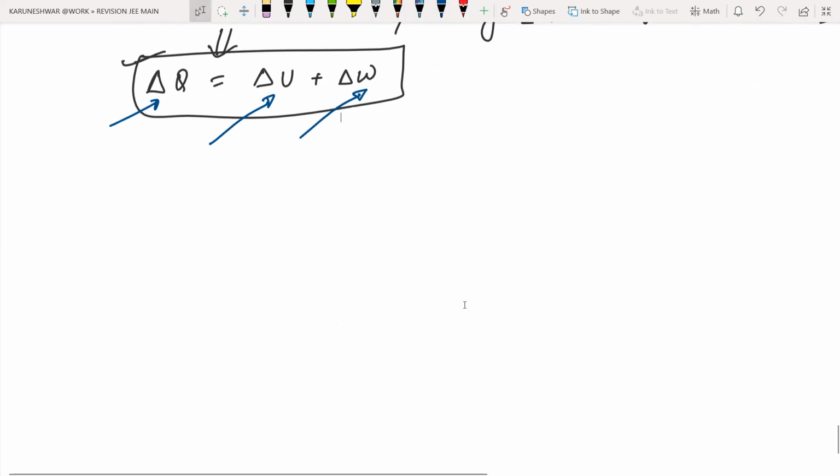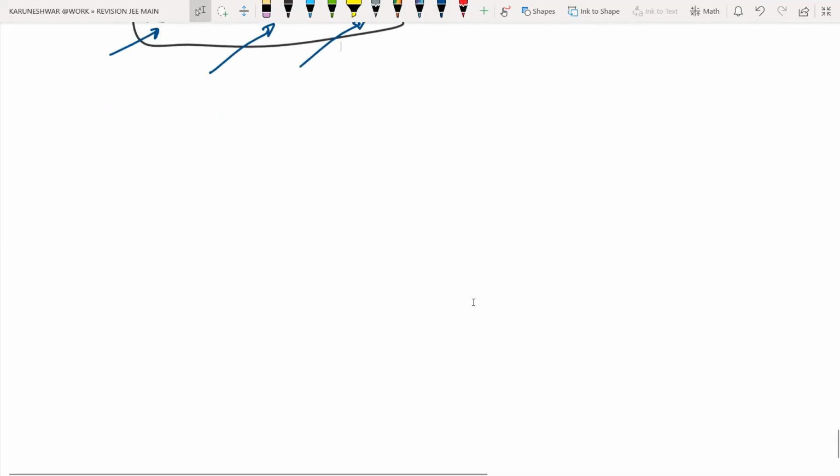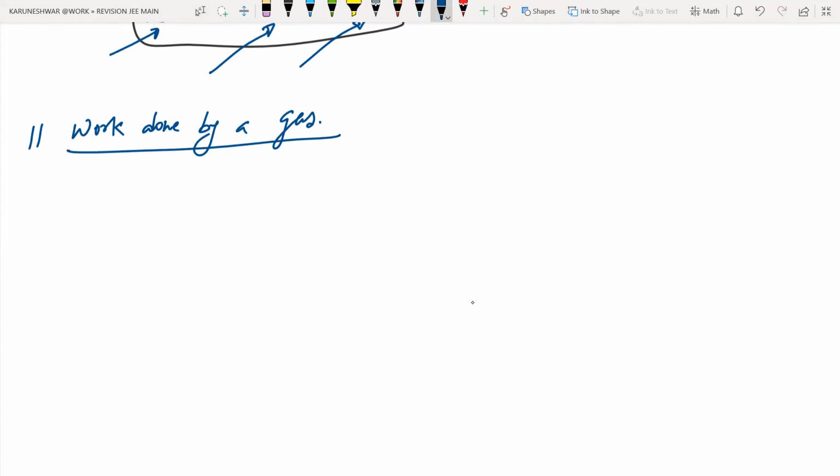So first of all, we'll go one by one on how you can find the work done by a gas. Whenever we need to calculate the work done by a gas, suppose this is a container with some gas, and this is the piston of the container.